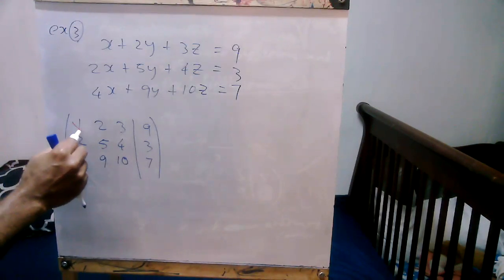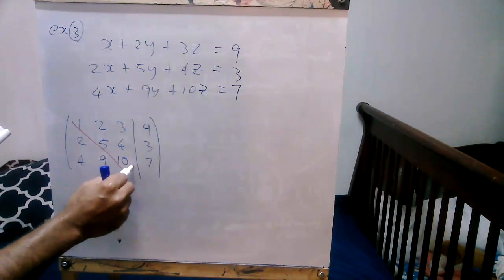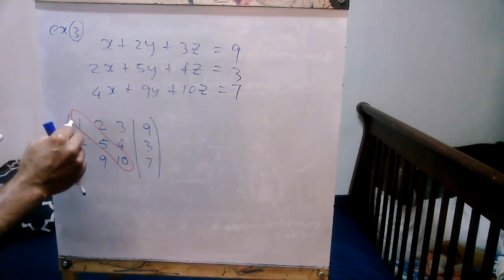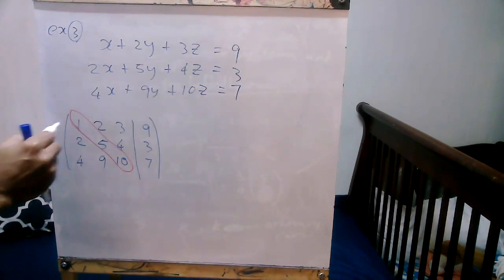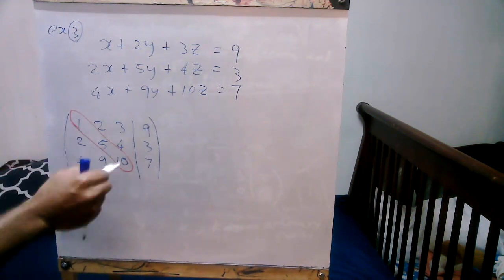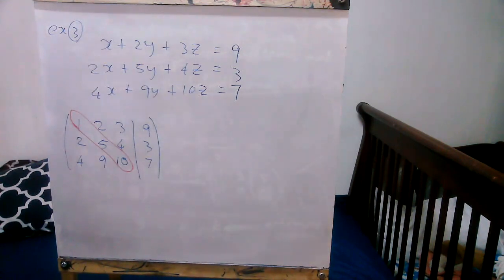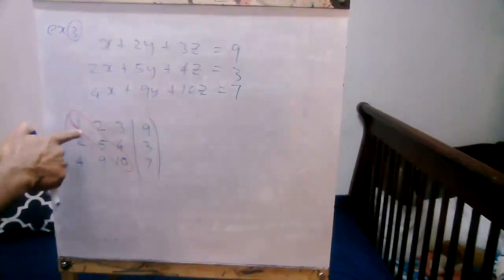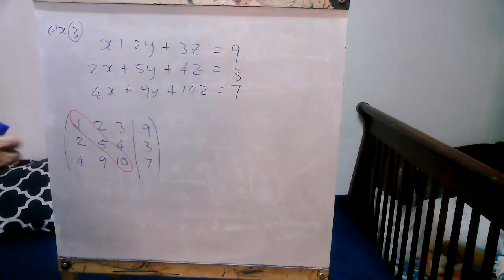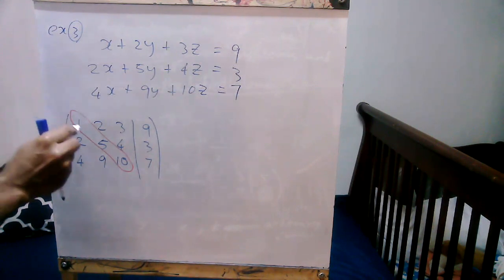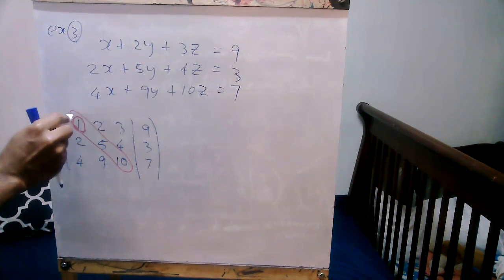These are the diagonal elements. In this case we already have 1 here, therefore we select this as the pivot.